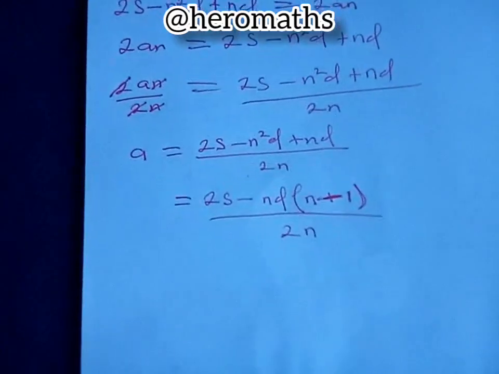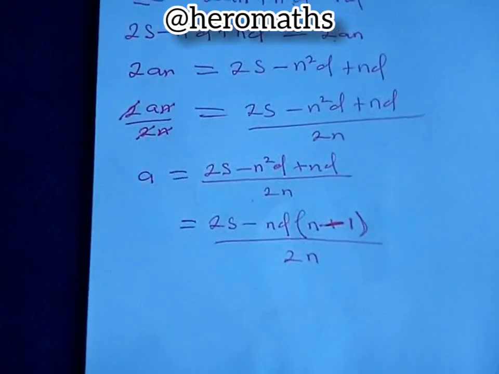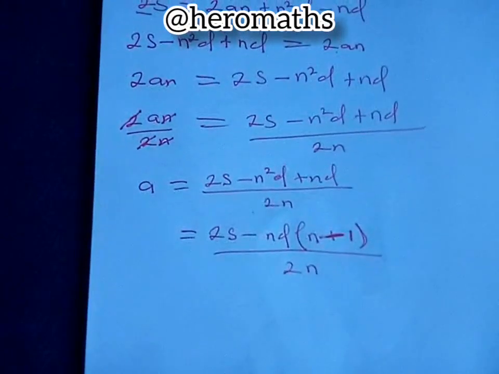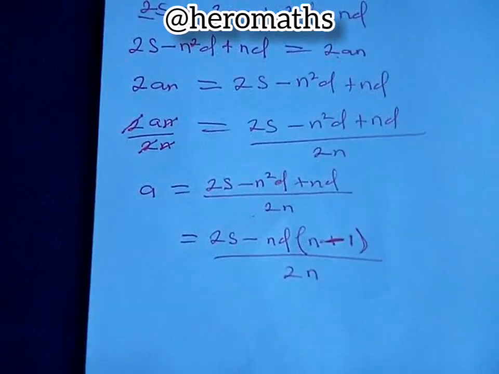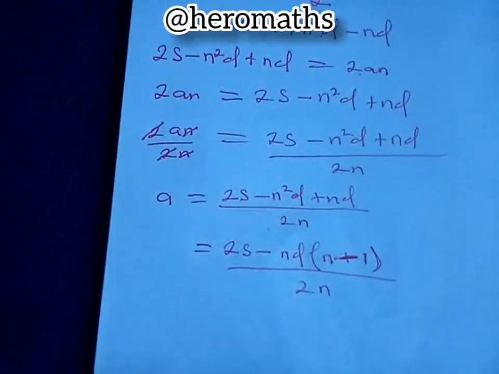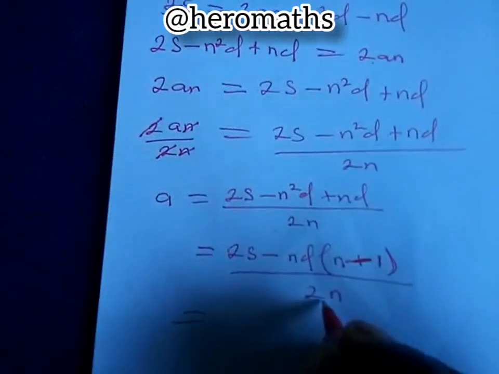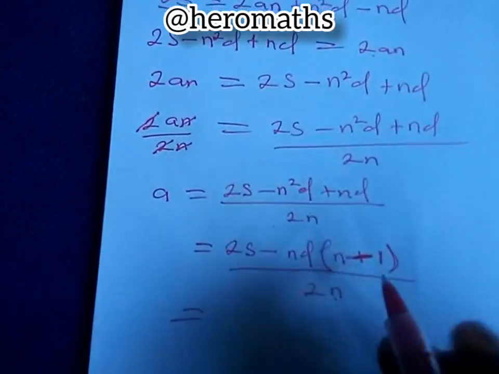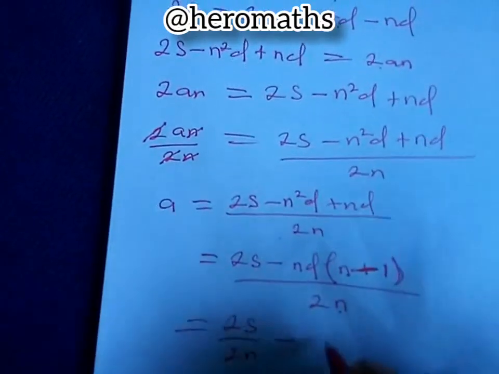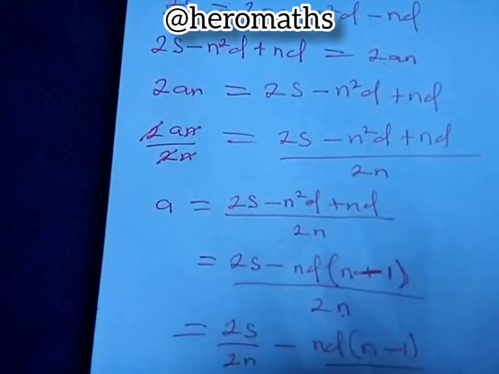Can we still factor anything here? Let's see if we can factor anything here. Okay, you see this expression, this can still be expressed as 2s divided by 2n minus nd open bracket n minus 1 divided by 2n.